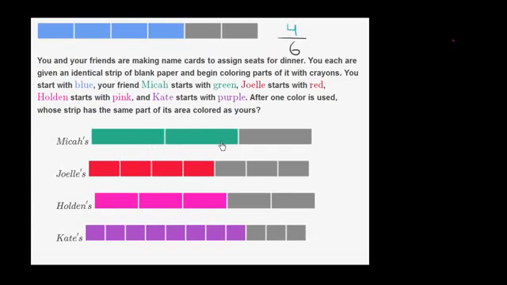So let's first look at Mika. So he's got 3 equal sections, and he's colored 2 of them green. Now, is 4/6 and 2/3 the same thing? Well, he has 3 equal sections. I had 6.